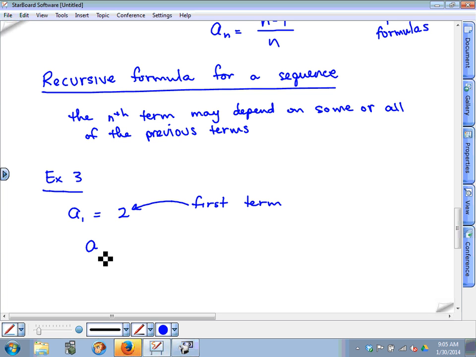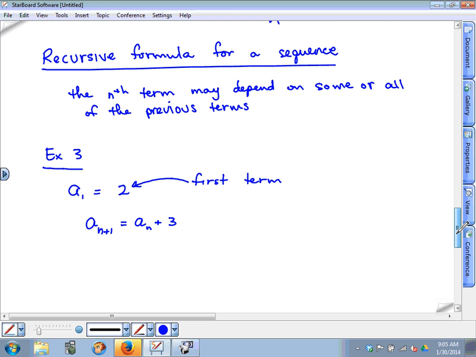Okay, now A sub n plus 1 is equal to A sub n plus 3. This is the recursive part of the formula. Now I want you to label this exactly how I'm labeling this.